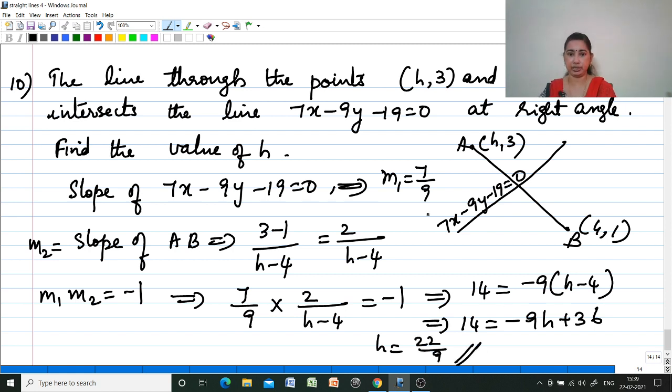That is the value of h. So since they meet at right angles, the product of the slopes is equal to minus 1. Using that we can find out the value of h.